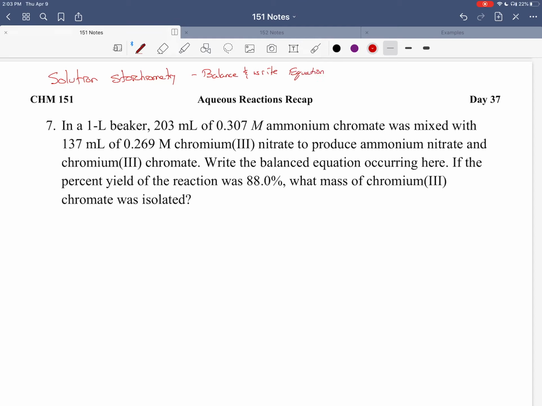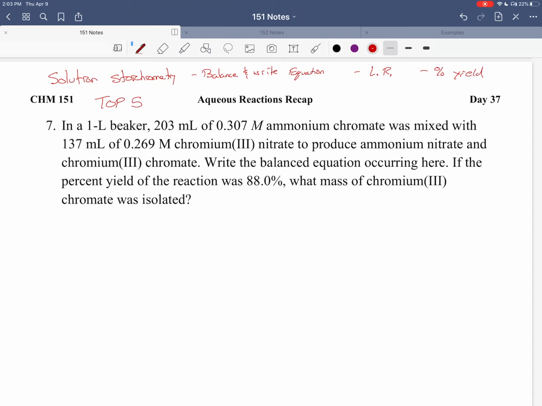You have to find the limiting reactant, and you've got a percent yield involved. So you have to write and balance the equation. You've got solutions, stoichiometry, molarity, volume. All of that is in there. That's why this is one of my top 5 favorites, because this is very common. This is what we do.